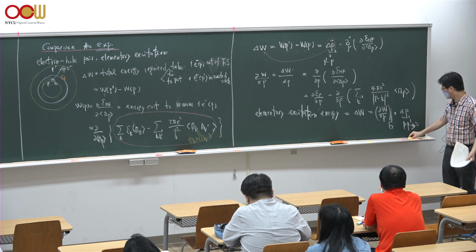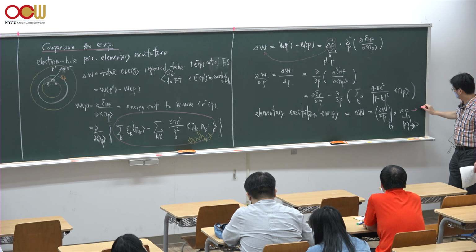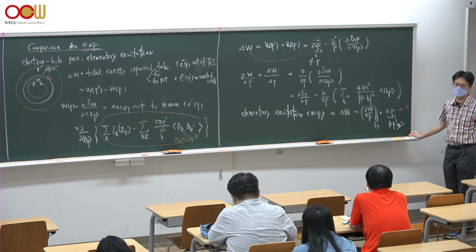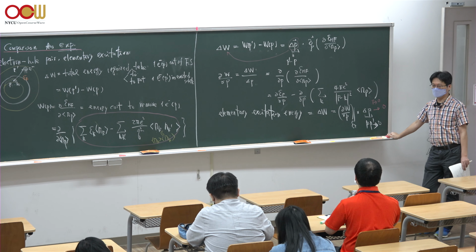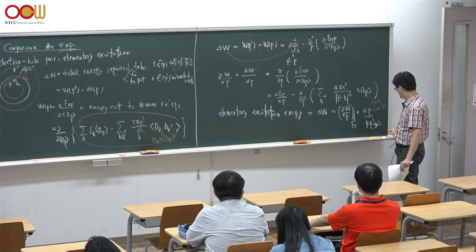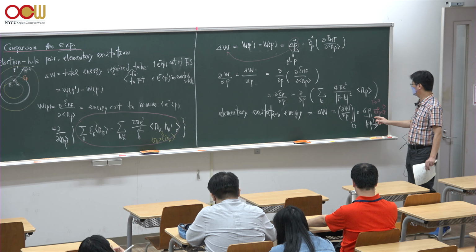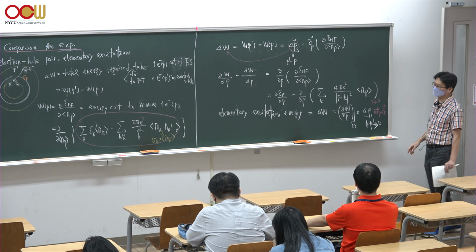We expect that the energy cost to create such an electron hole pair is really very, very small, close to zero, as temperature goes down to zero. That's our expectation, but in reality, you will see that within Hartree-Fock, you get infinity instead of zero.